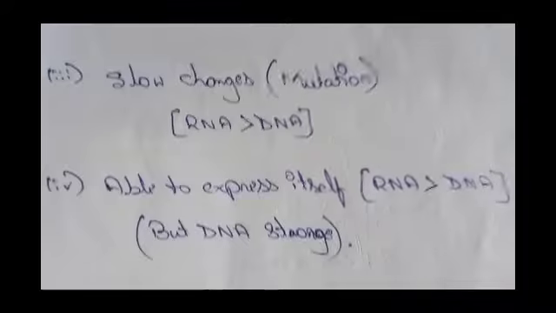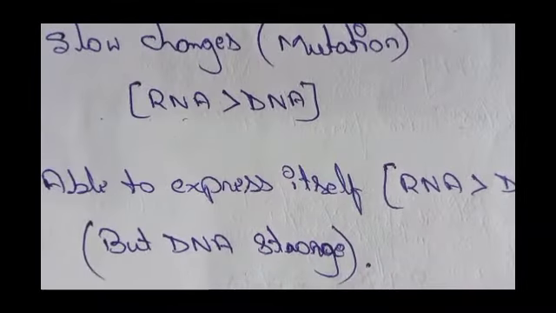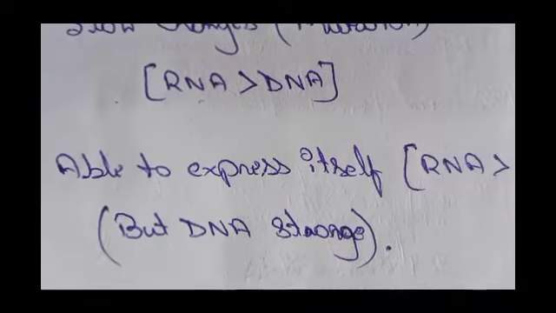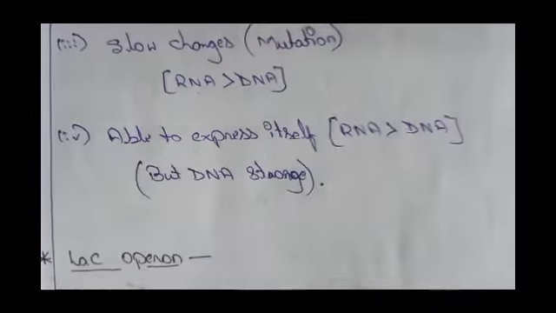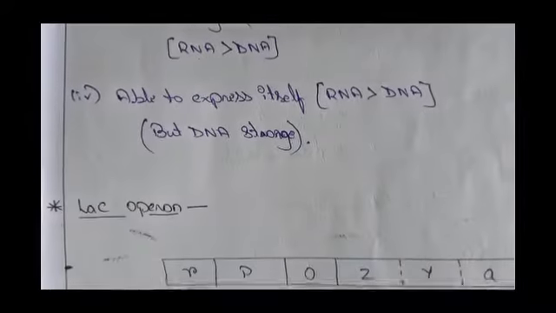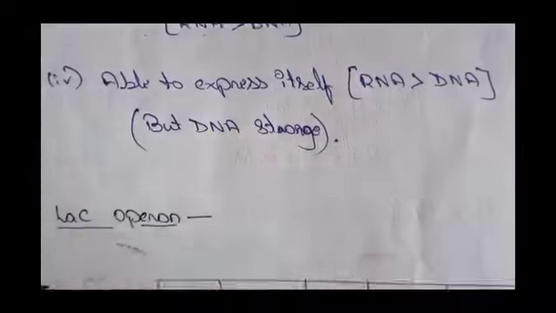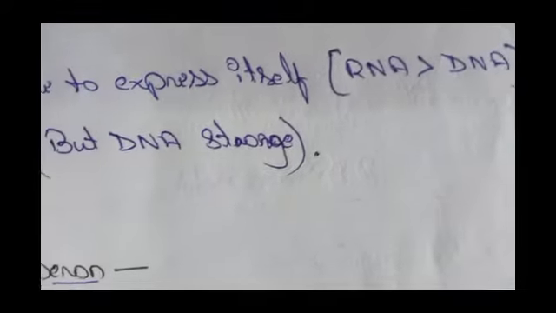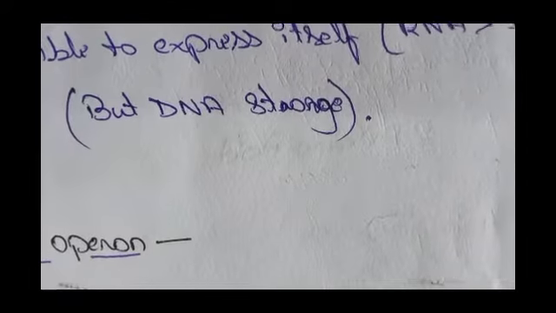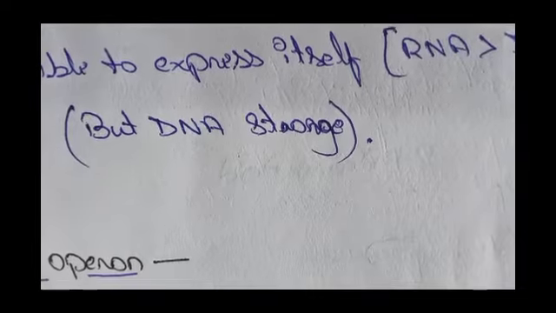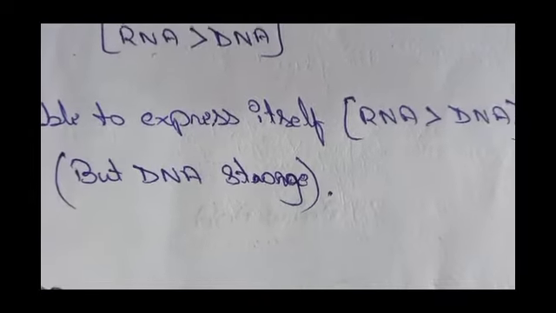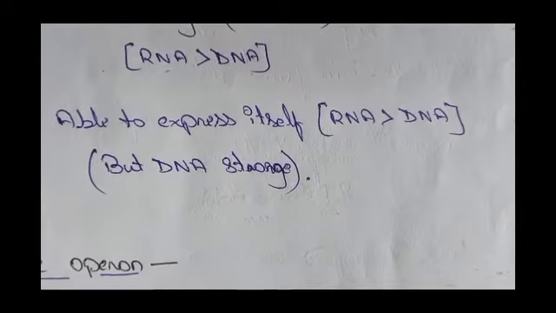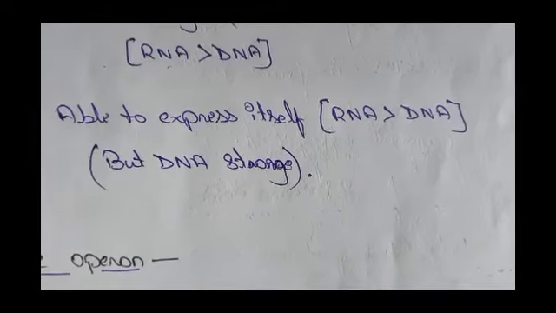RNA can mutate rapidly compared to DNA, so DNA is the best. RNA is able to express itself, but DNA is stronger than RNA. So at the end, DNA is the true and main genetic material.